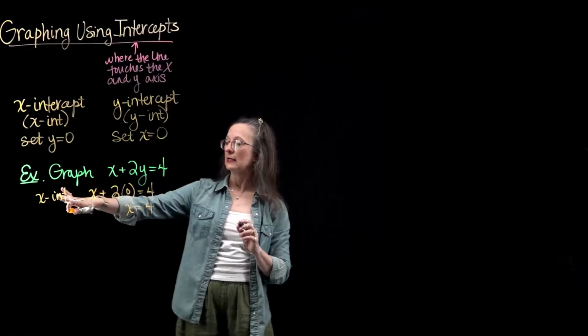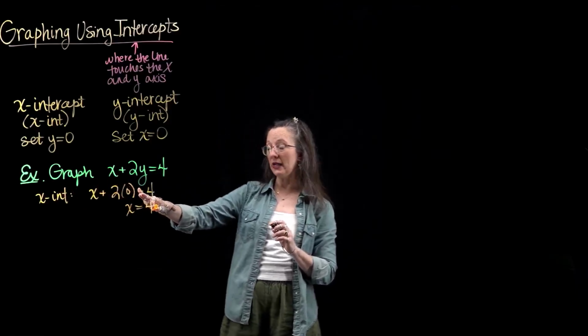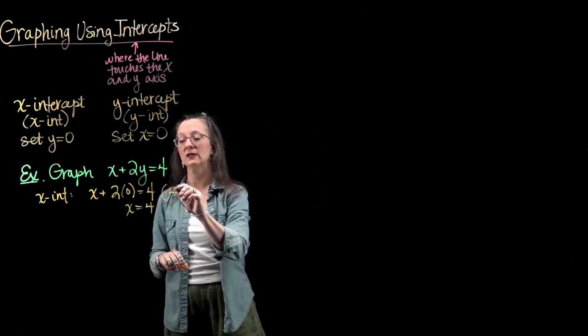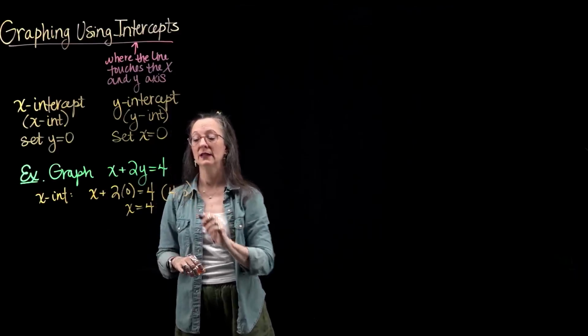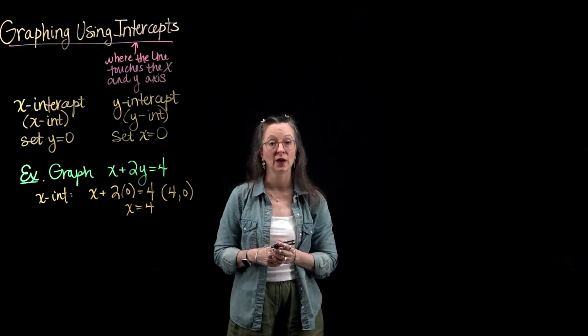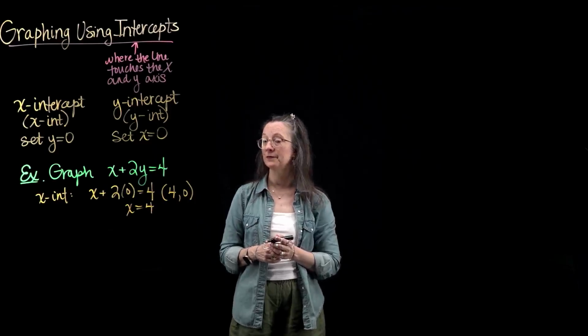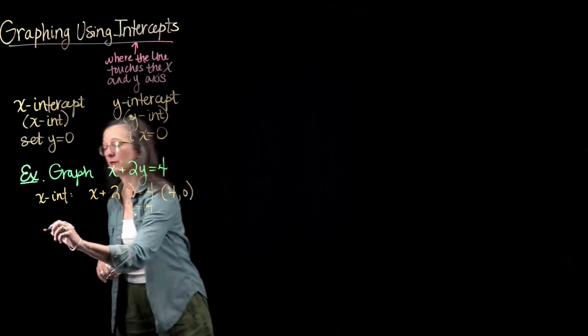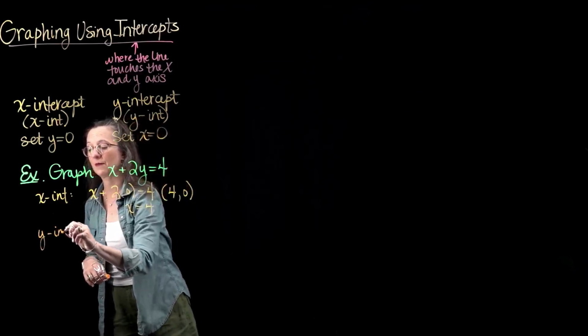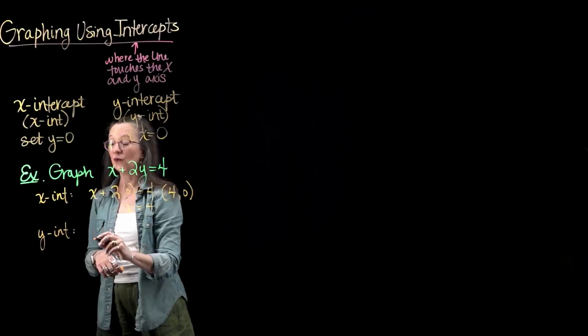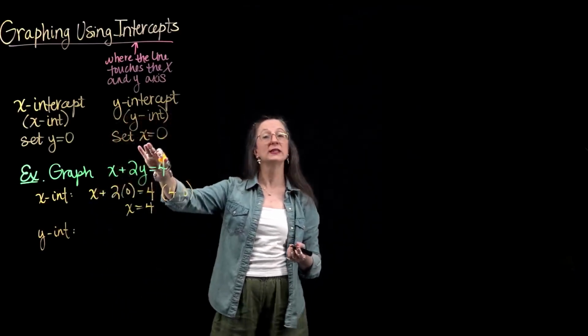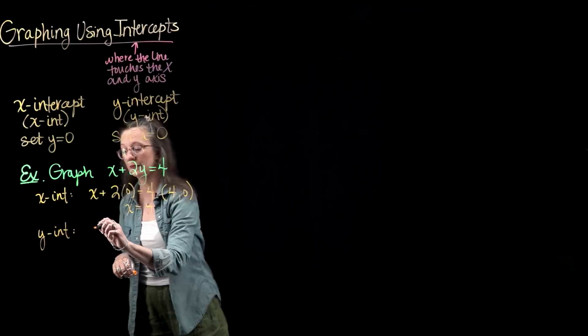So for the x-intercept, I set y equal to 0, and that tells me the point is x equals 4, y equals 0. Let's find the y-intercept now. For the y-intercept, remember we set x equal to 0.